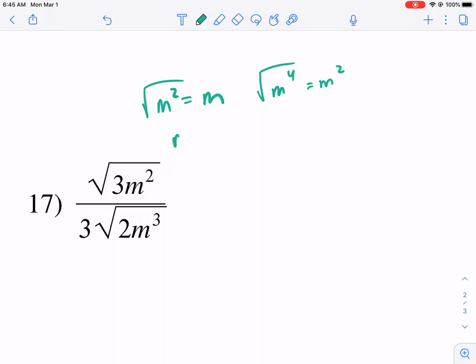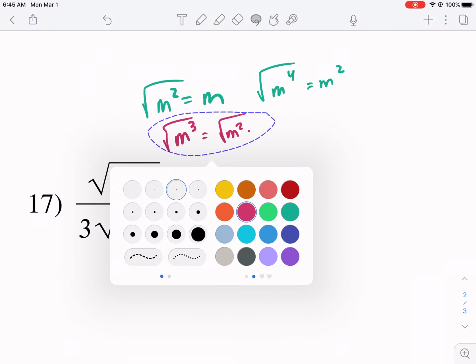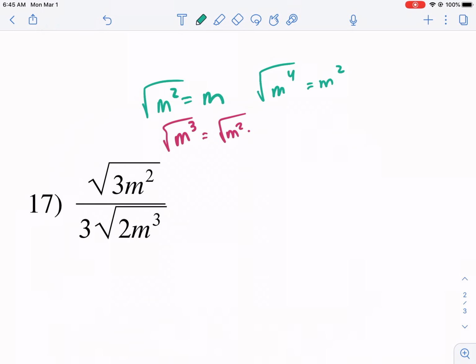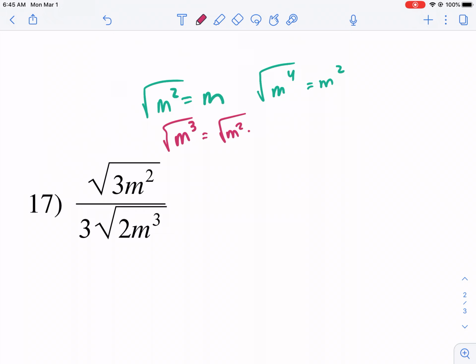So if you have something like m cubed and you take the square root, this can be rewritten as m squared times, let me make this in pink so you get a little bit more emphasis. Anytime we have m to the cubed, or to the third power, we can rewrite that as the square root of m squared times m, because m squared times m equals m cubed. So we can rewrite that as so right here.